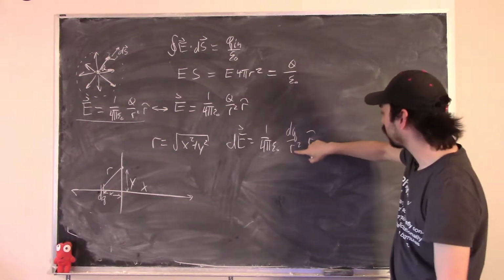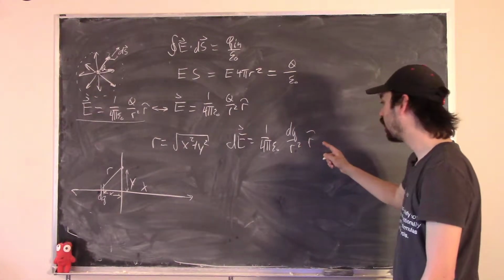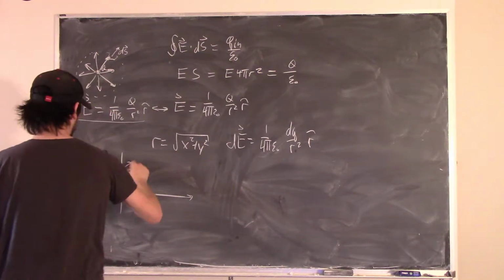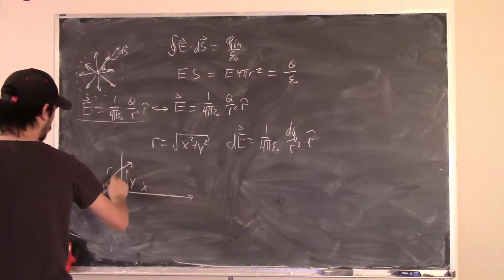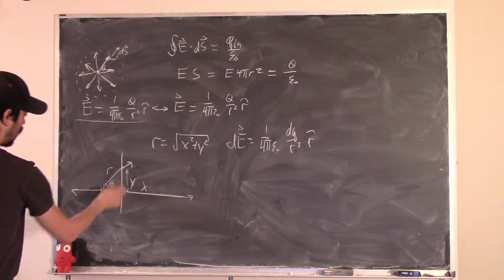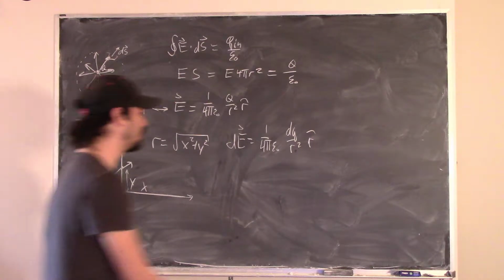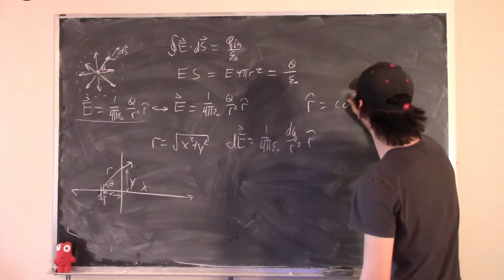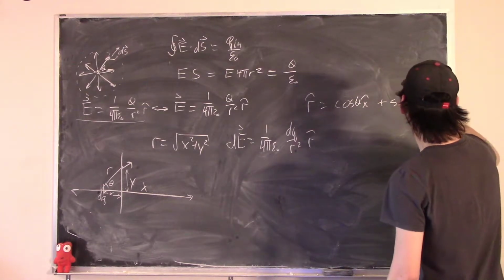So we've already actually found what r is. Now what we need to do is find what r hat is. So r hat, as always, is the unit vector that points from dq to the point where we're finding the electric field. We can define some angle here, theta. And then what we see here is that r hat is going to be equal to cosine of theta x hat plus sine of theta y hat.